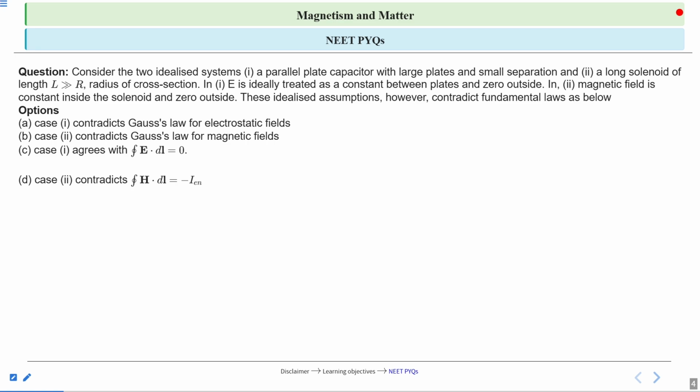This case 2 contradicts the Gauss law for magnetic fields. Third option is case 1 agrees with the closed line integral of E dot dl equal to 0. And D option is case 2 contradicts the closed line integral of H dot dl equal to minus I enclosed. H is magnetic intensity inside the solenoid, which is equal to the negative of current enclosed. Okay, so I will give you some time to think about which option is correct.